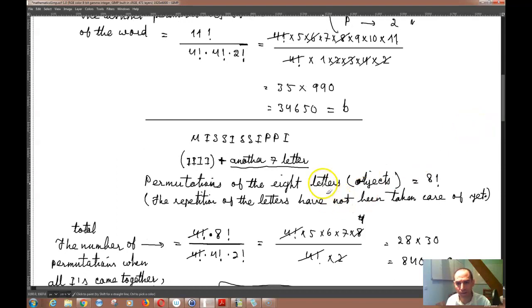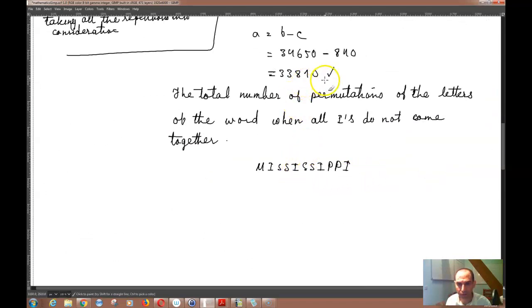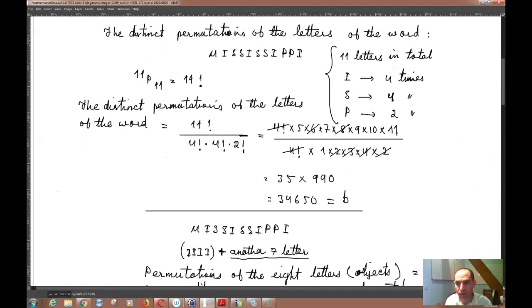There are 840 cases where these I's come together like this, and so this is all the permutations of all the cases where these four I's don't come together. So basically, if you can solve, for example, this problem, I would say that you have understood permutations pretty well.